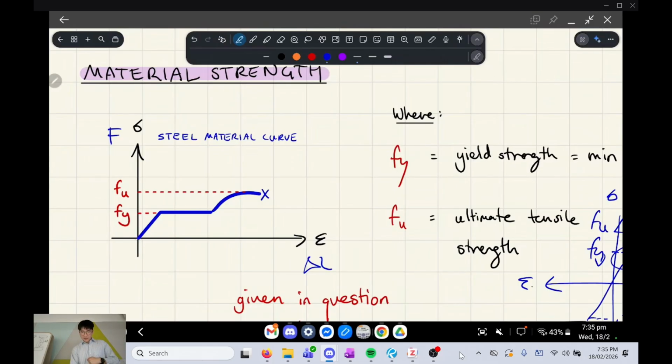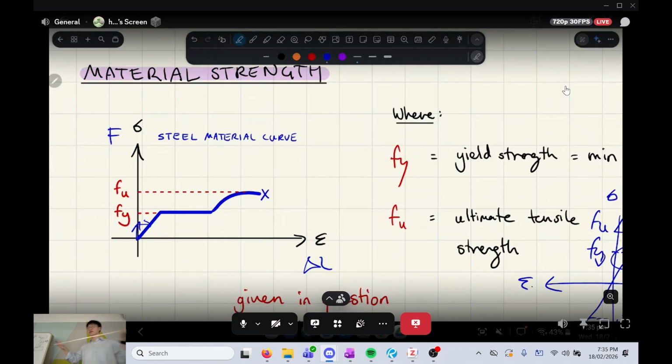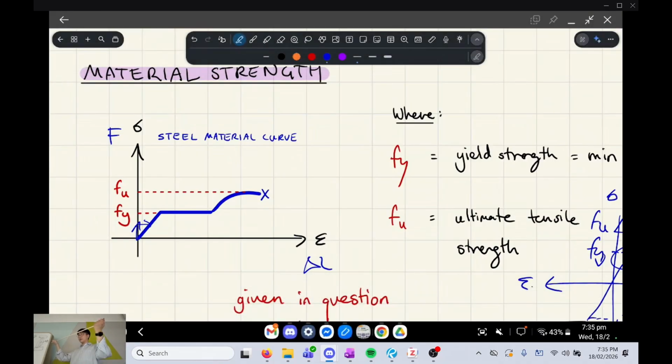Essentially, as we apply more force to something, it's going to strain more. Let's just talk about tension. As I'm pulling on this rod, it's going to stretch. So this is the elastic region, because if I apply a little bit of force and then let go, it's not going to change shape, especially for this particular material.